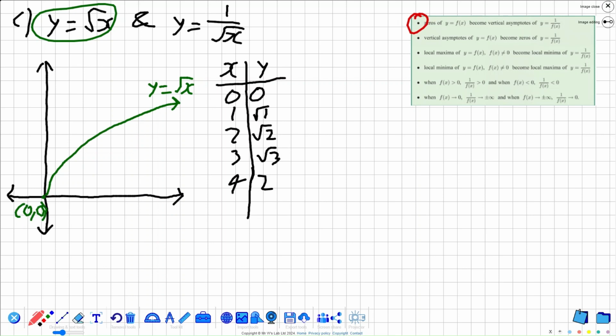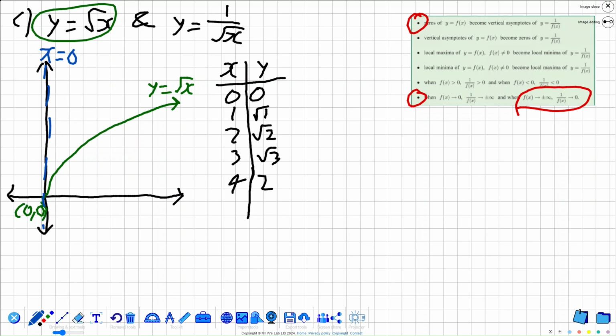And then we've also got in this section here, specifically as f(x) approaches infinity. So I can create a table also, but I think I might leave that for now, and we'll look at these points specifically. So we know that 0 point is going to become a vertical asymptote. So we can do that and label that x equals 0.